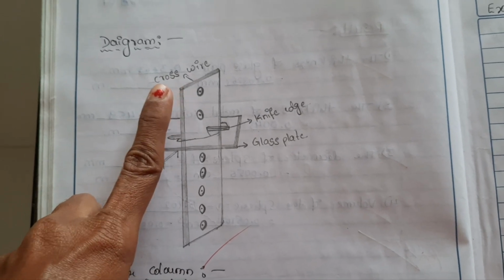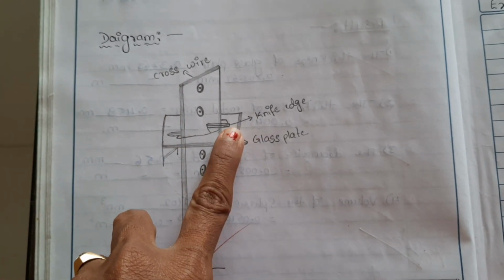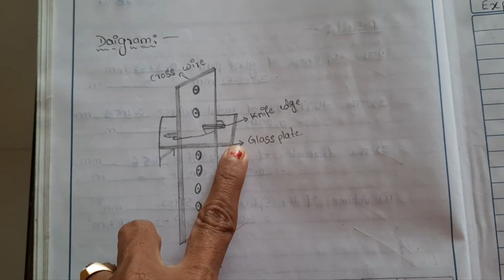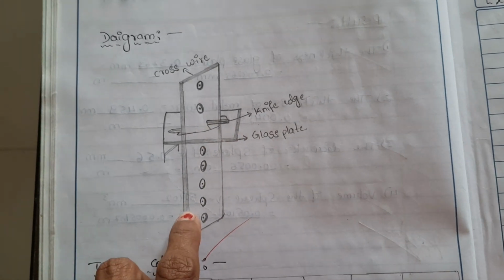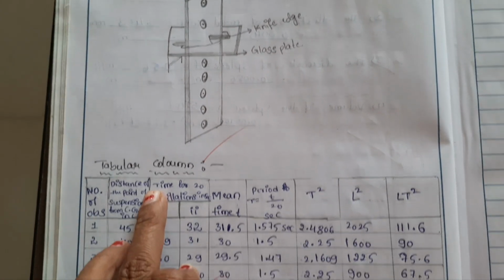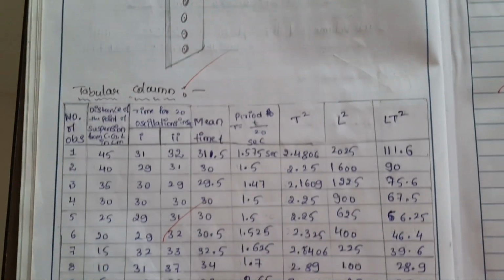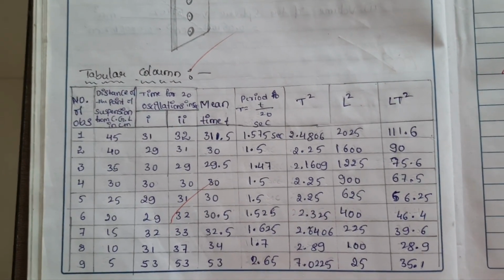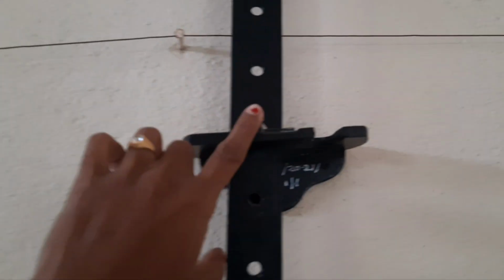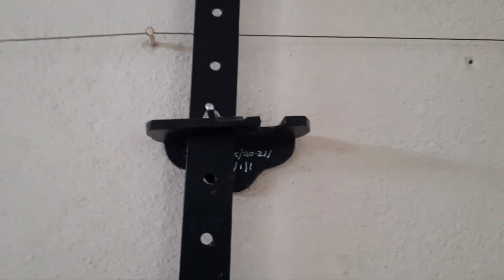Cross wire, this is a knife edge. This is the plate where we can hold this bar pendulum, and how to take the readings I will explain. This bar pendulum has a total of 19 holes, and this is the point where the center of gravity exists.